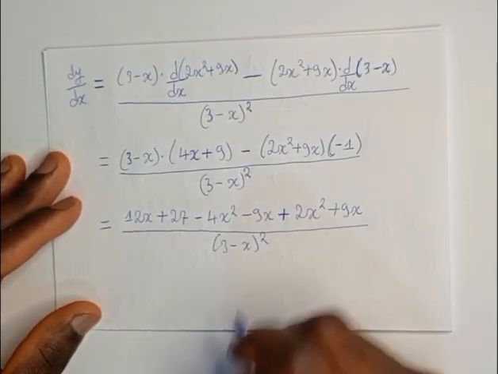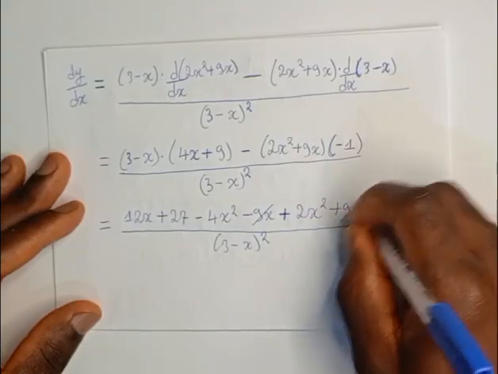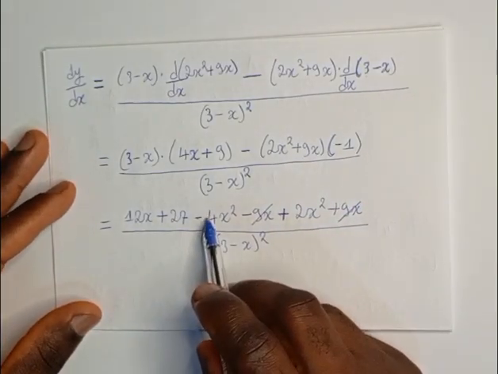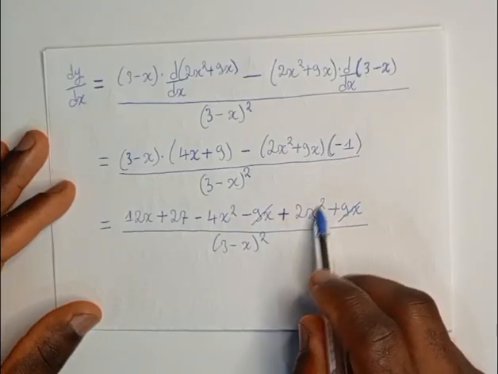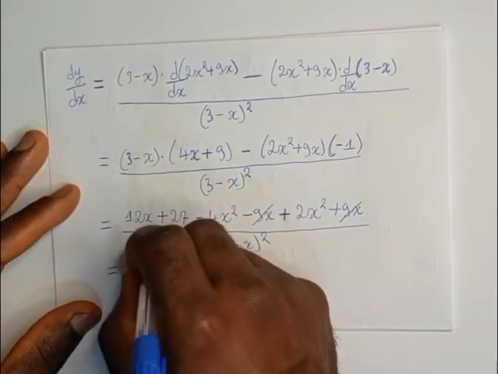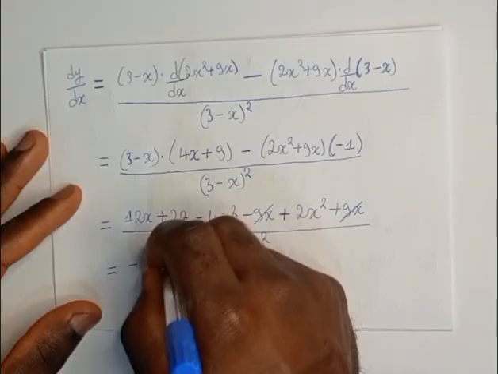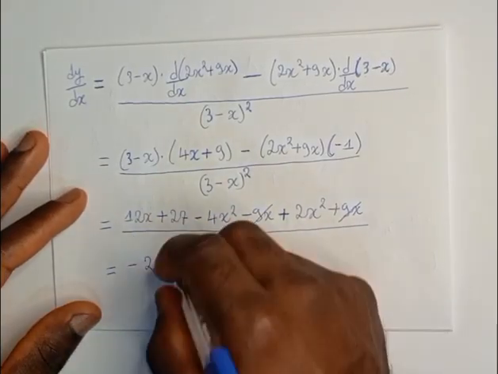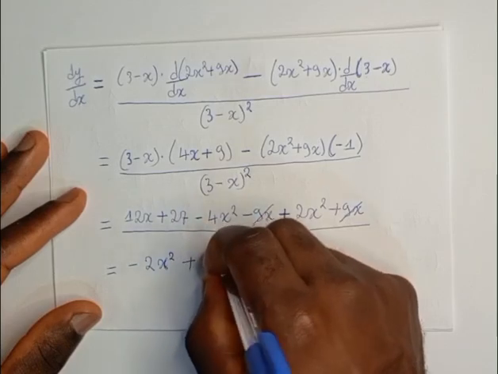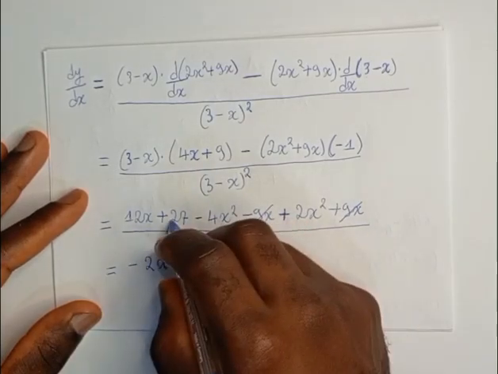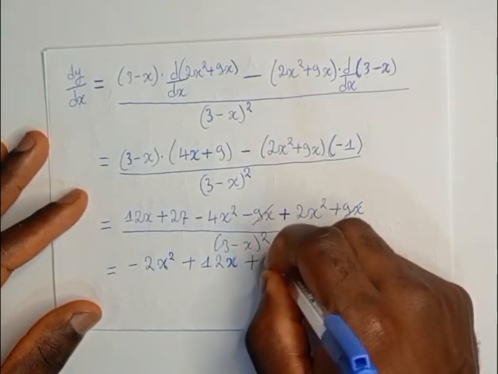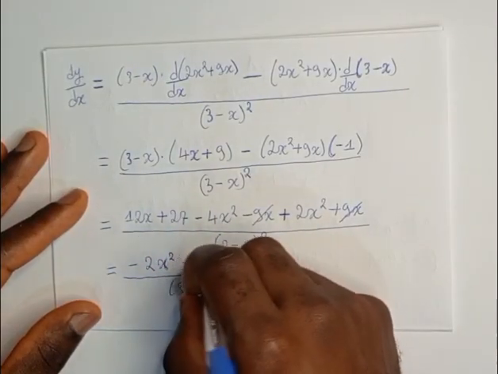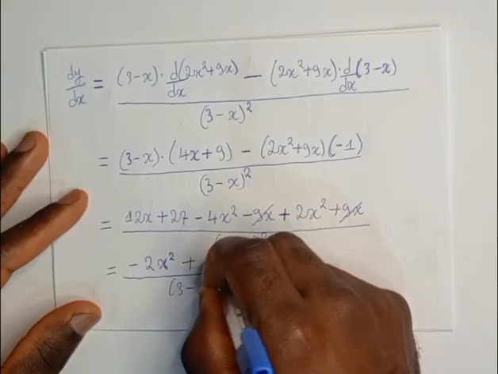Look at the numerator, you'll see negative 9x and 9x will strike off. Negative 4x squared plus 2x squared gives us negative 2x squared. We go now to the terms in x. We have just one term in x, plus 12x plus 27. And we divide all this by 3 minus x all this squared.